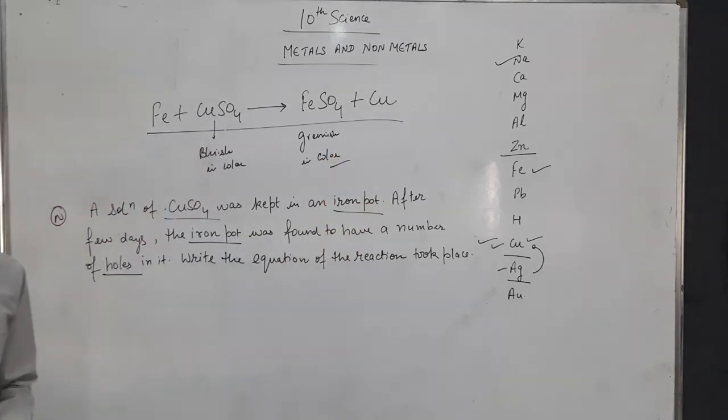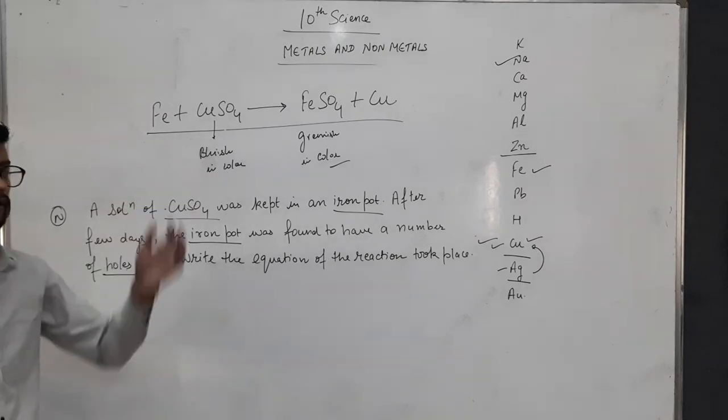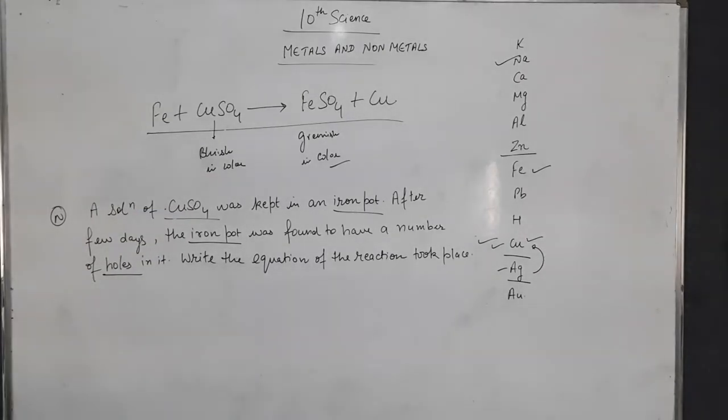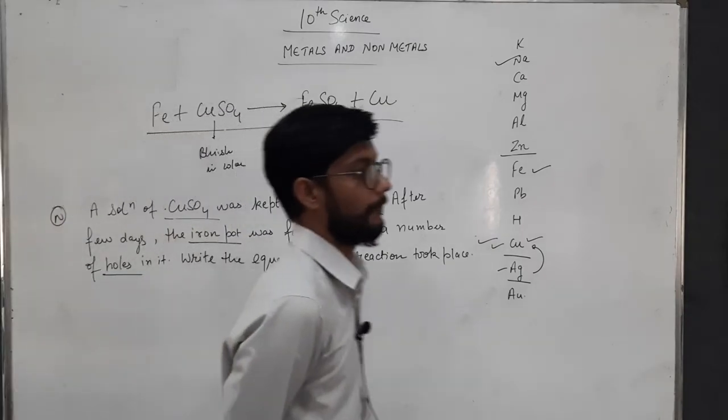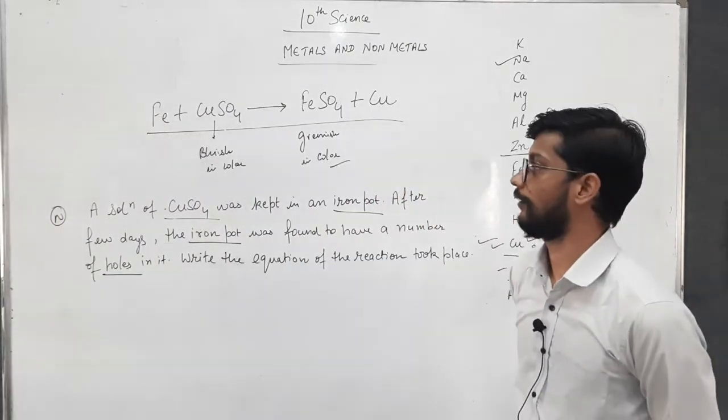So the reaction will take place and you will see the iron pot has a number of holes, because the chemical reaction is taking place between iron and copper sulfate.